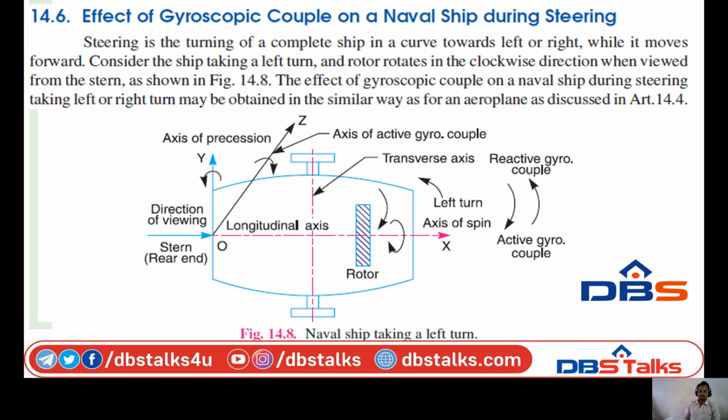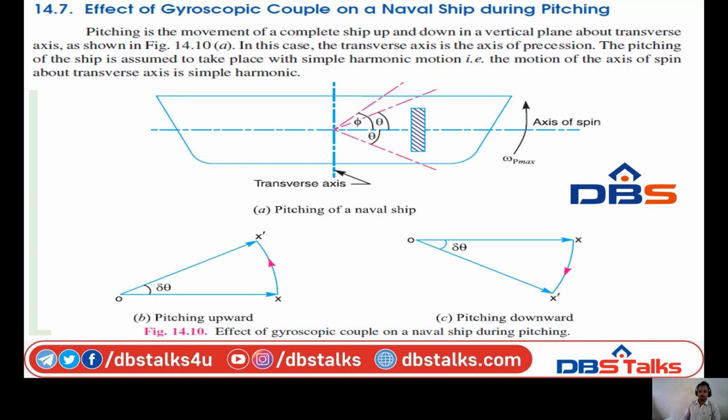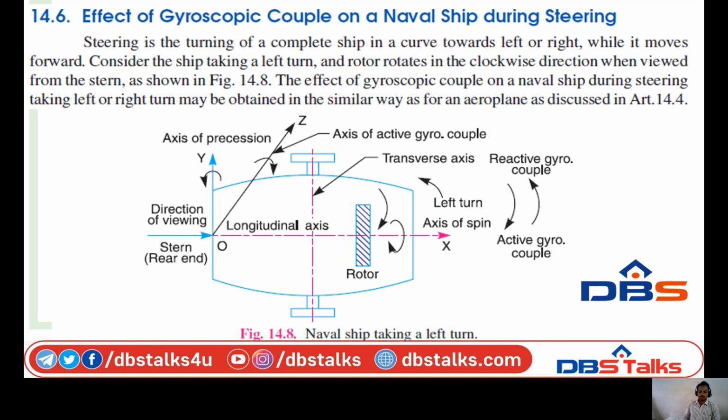It will have an angular momentum vector that is OX. As the ship steers to the left, the active gyroscopic couple will change the angular momentum vector from OX to OX dash.